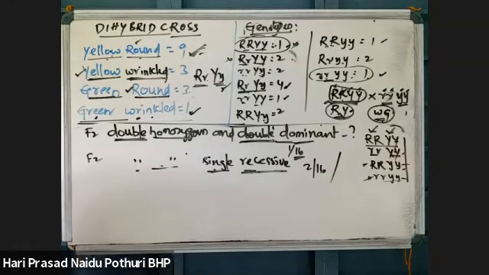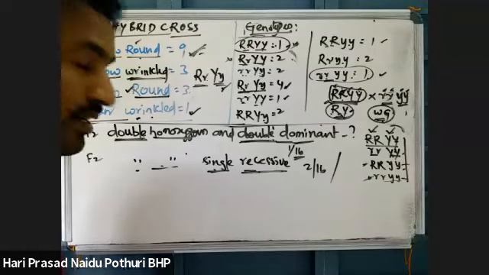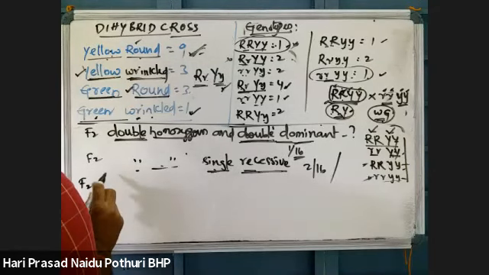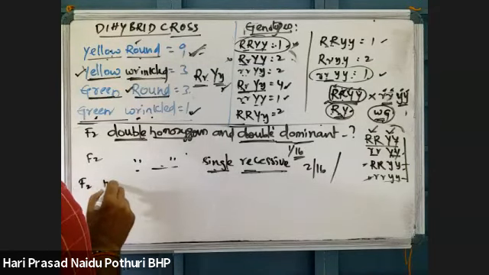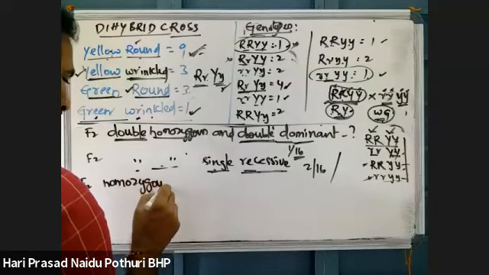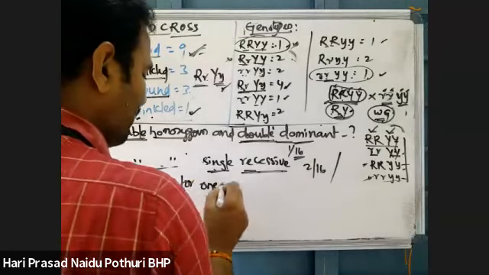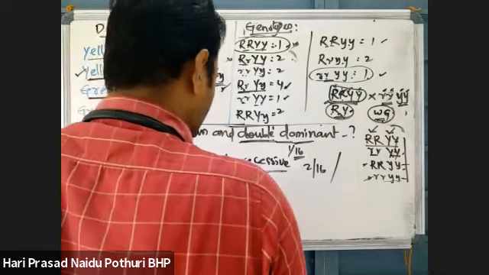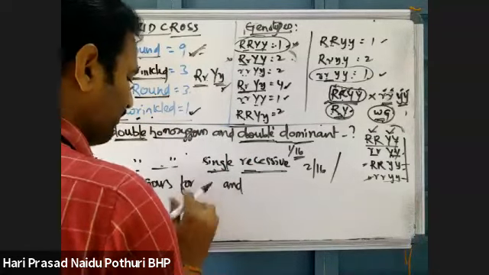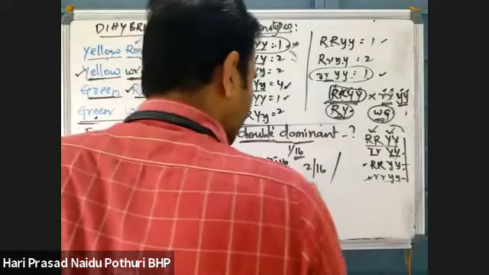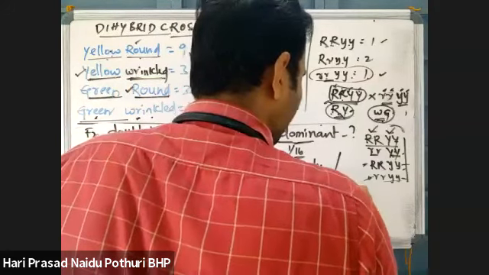And what is the ratio of F2 homozygous for first and heterozygous for second character?